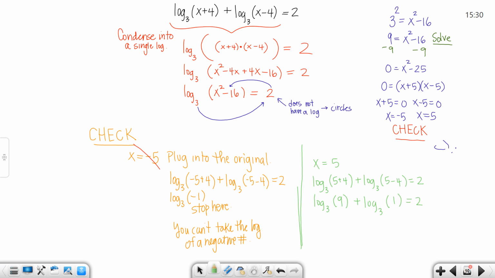Now, as far as checking for me goes, I'm making sure that when you take the log, you do not take the log of a negative number. This 9 right here is positive, so that's good. This 1 right here is positive, so that's good. So I would go ahead right here and say that x equals 5 is a good answer. It did not give me a negative behind any log.